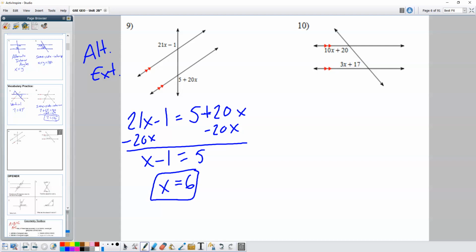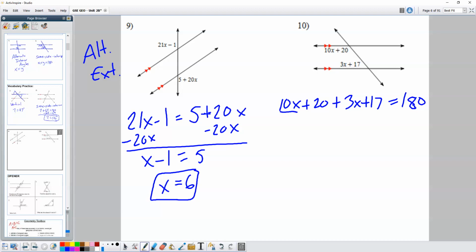Okay. Number 10, those are same side interior. They're going to add together to give me 180 degrees. So I've got 10x plus 20 plus 3x plus 17 equals 180. And I got some stuff on the left side that I can just combine like terms.